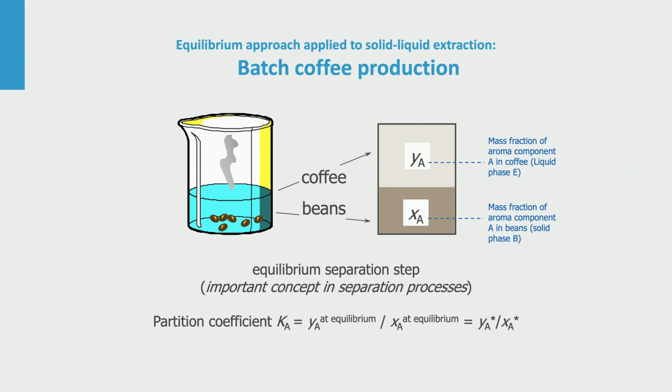This stops when equilibrium is reached, at which point the ratio of aroma in water and beans is given by the partition coefficient Ka of aroma between hot water and beans. When choosing the right ratio of beans and hot water and sufficient time for extraction, the extract can be served as coffee. At equilibrium, aroma in the hot water has mass fraction Ya, and in beans Xa remains.